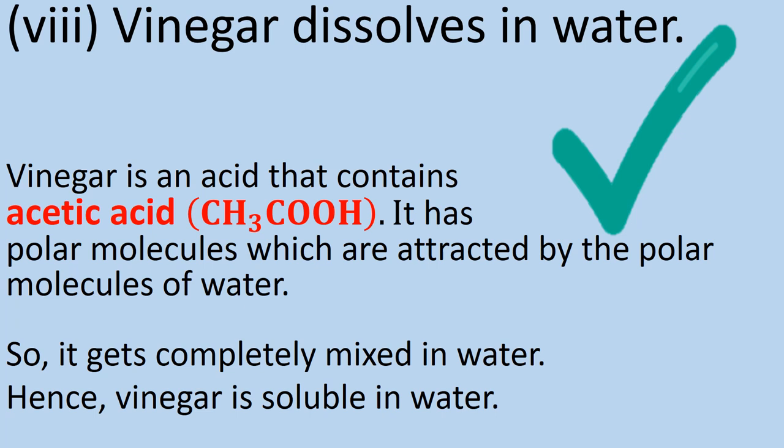Here, C denotes carbon, H the hydrogen, and O the oxygen. It has polar molecules which are attracted by the polar molecules of water. So, it gets completely mixed in water. Hence, vinegar is soluble in water. The statement, once again, is a true statement.